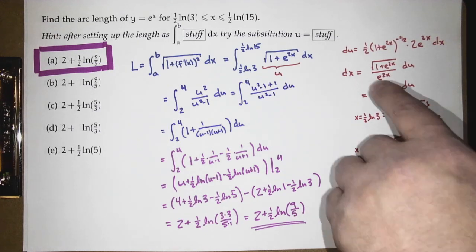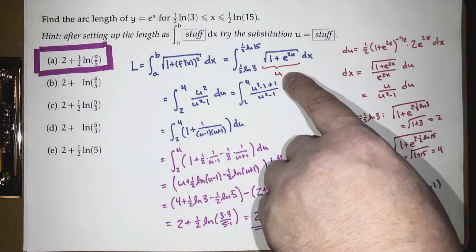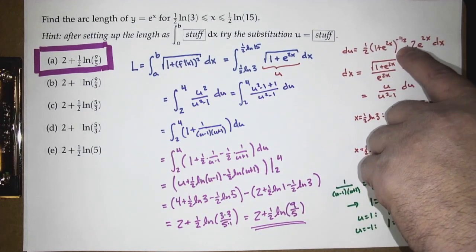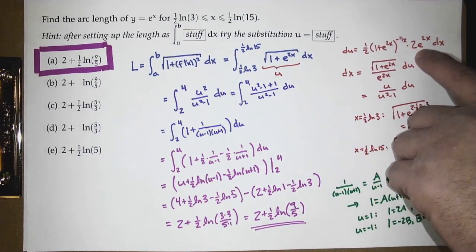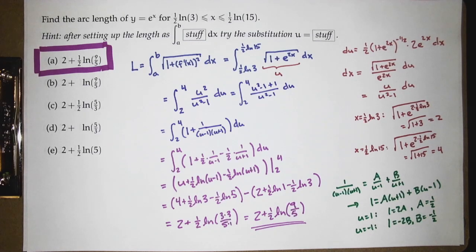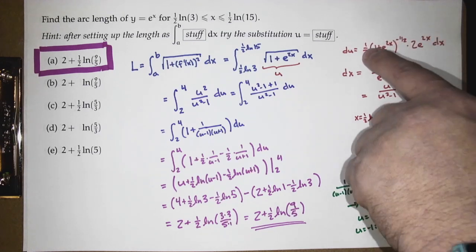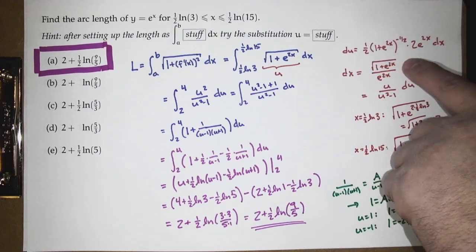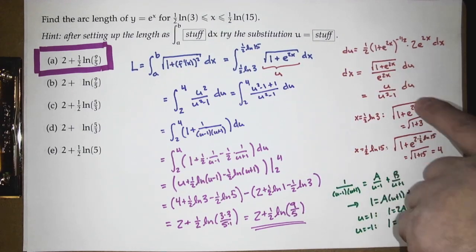So we take the derivative of that. This is 1 plus e to the 2x to the 1/2, so the 1/2 comes down: 1 plus e to the 2x to the minus 1/2, times the derivative of the inside, 2e to the 2x dx. You can move this term across. The 2's end up canceling, so you get square root of 1 plus e to the 2x over e to the 2x.